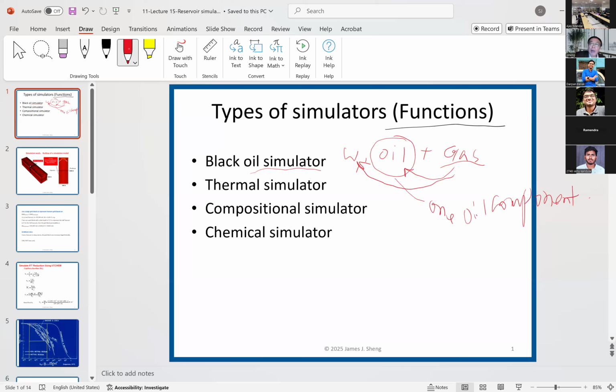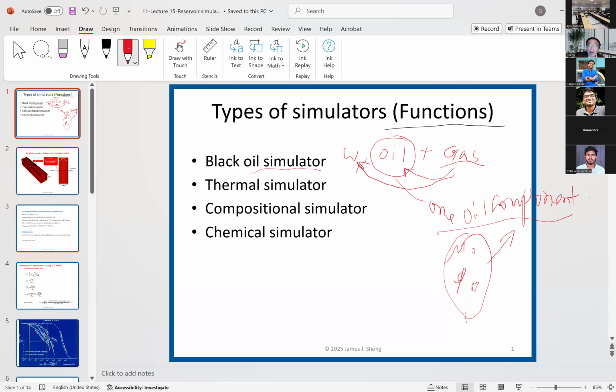This oil is described by viscosity, density, and some other parameters. Basically, one single component using different parameters to represent the total oil.